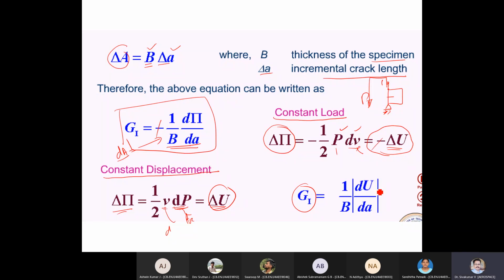So 1 by B du by dA. This is the energy release rate, 1 by B into.